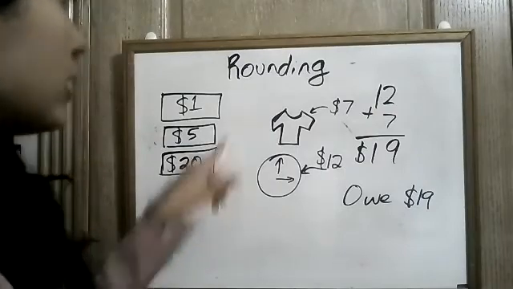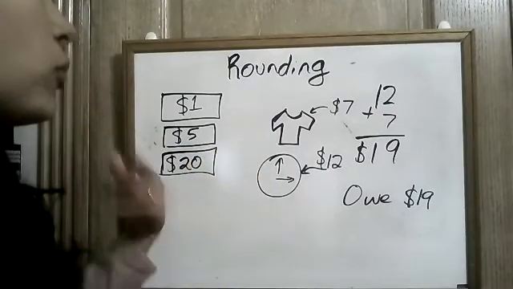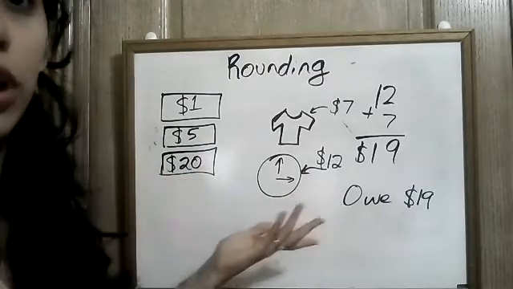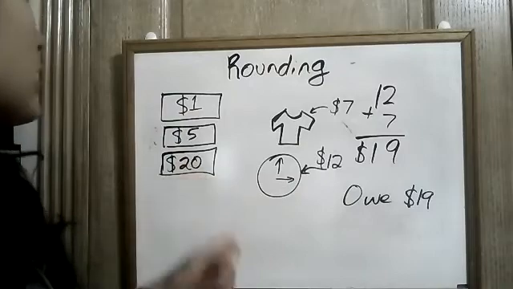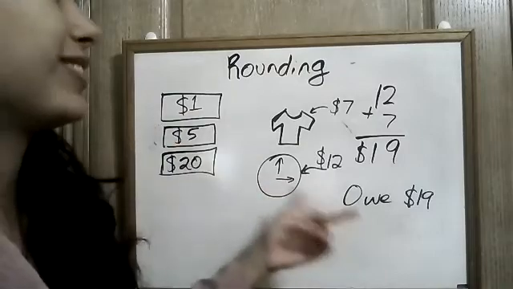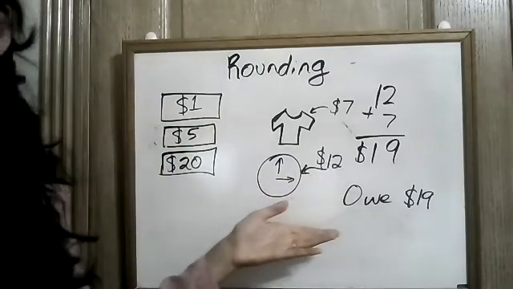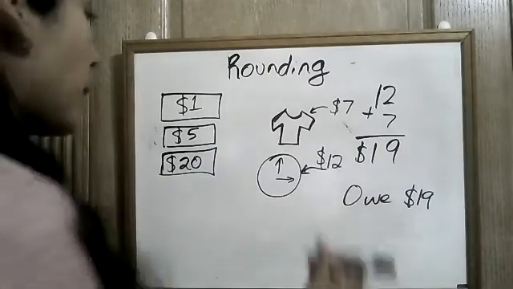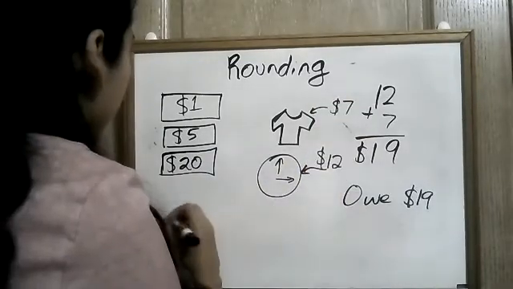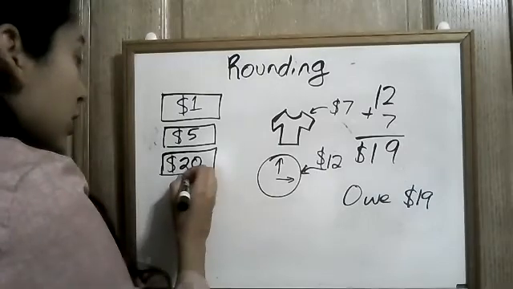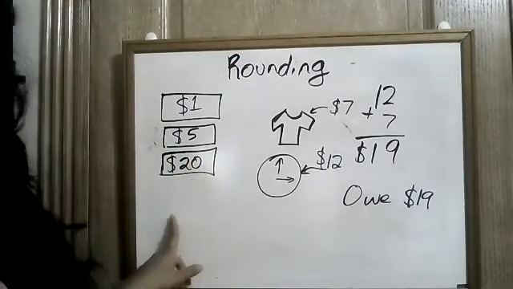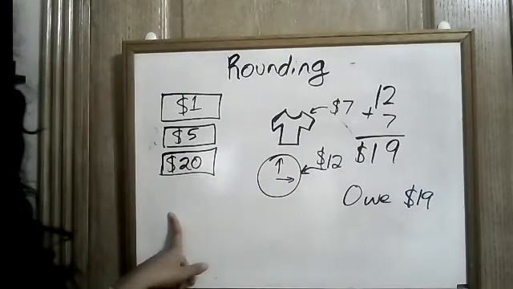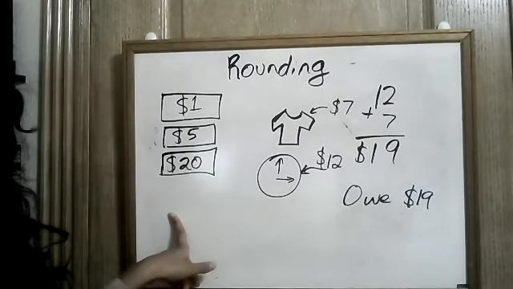If you want to get these items, you can say, well, keep the extra dollar, because it's pretty close. It's not like you were paying with a $100 bill and saying keep the rest of the money. So by having done that, we rounded, and since this is the ones place, this is the tens place, we rounded to the nearest ten. Okay.